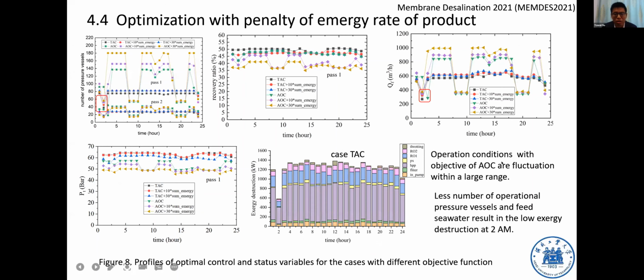We found that the operation conditions with annual operation cost fluctuate in a very large range, such as the number of pressure vessels and the feed flux.